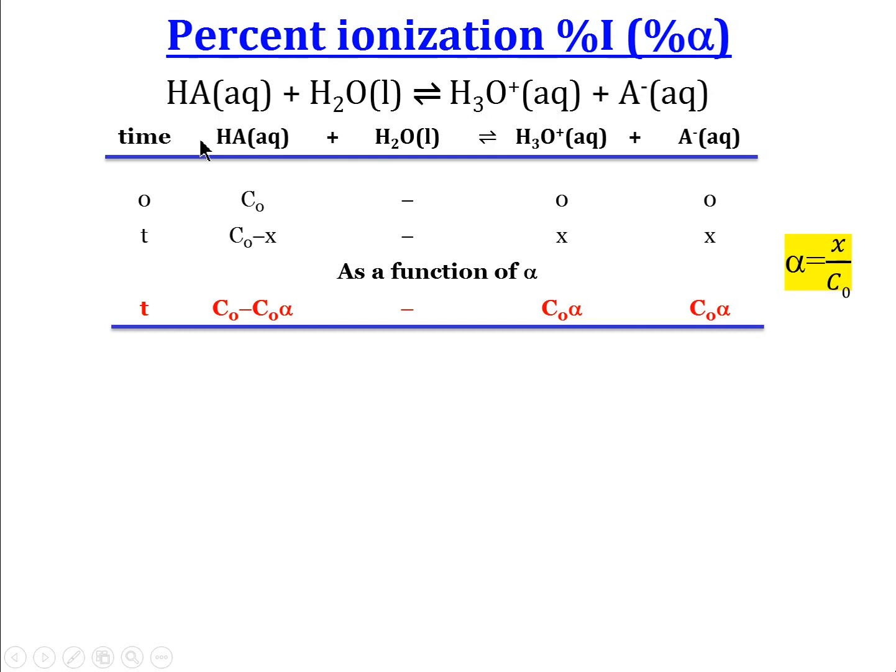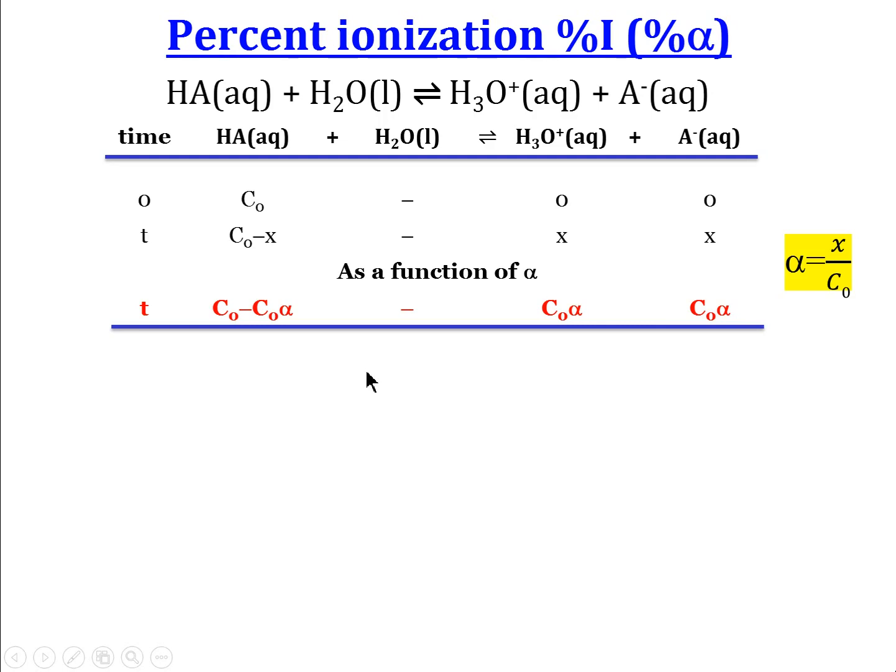The degree of conversion of HA, or the degree of dissociation, alpha, is equal to the quantity of HA reacted, which is x, divided by the initial, divided by C0. So alpha equals x over C0. We transform x to alpha, so at equilibrium we have C0 minus C0 alpha for HA, C0 alpha for H3O+, and C0 alpha for A-.